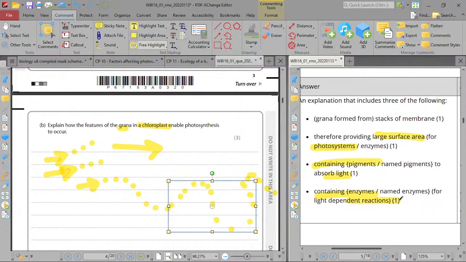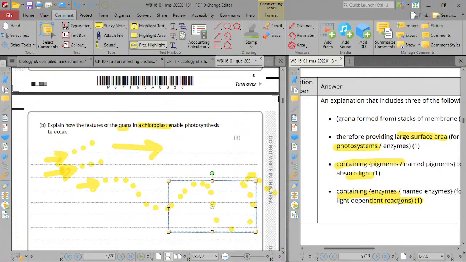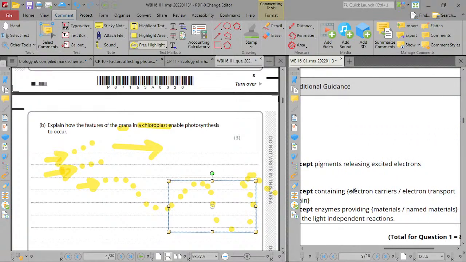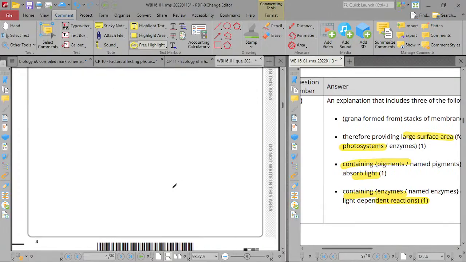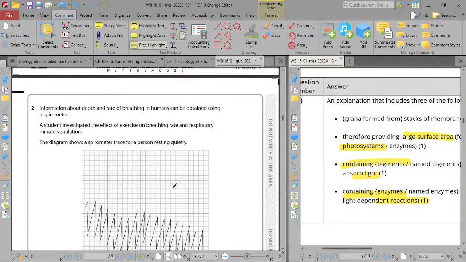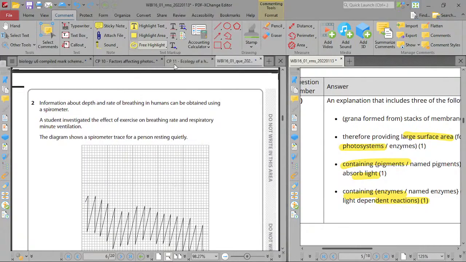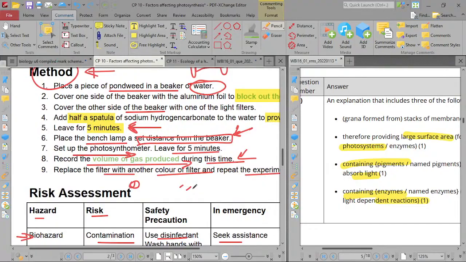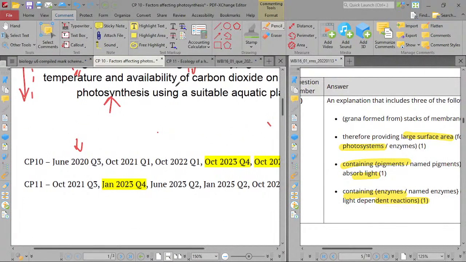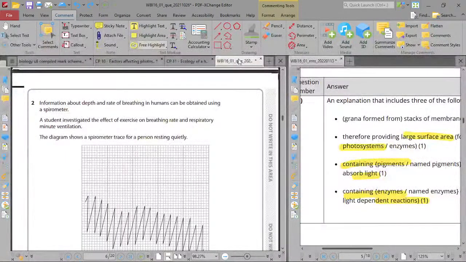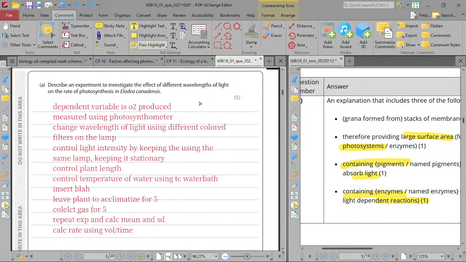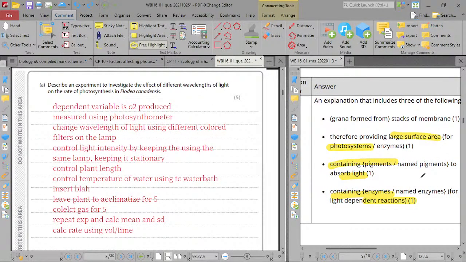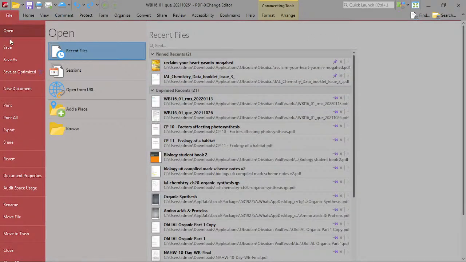Enzymes for light dependent reactions. Electron carriers. Okay. Then October 2022. So that's it. Okay. So grana. Maybe you should study a little bit of the chapter itself, but I am so lazy.